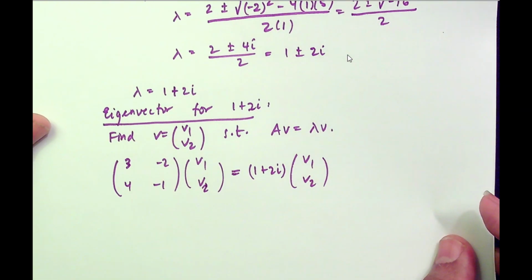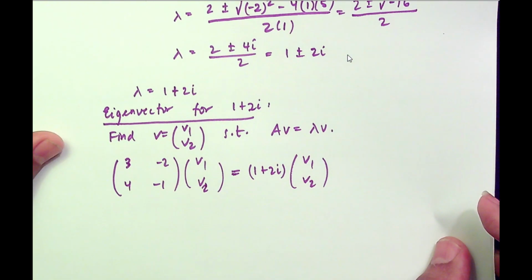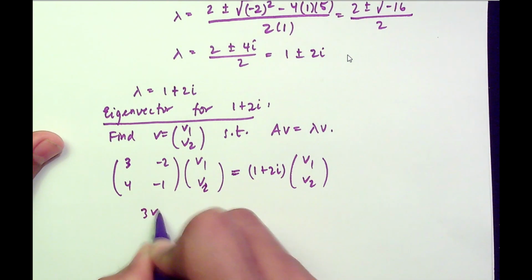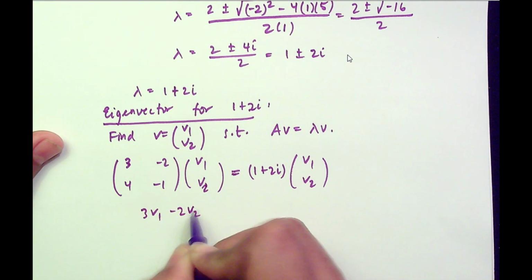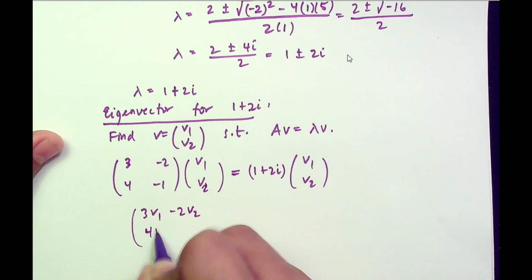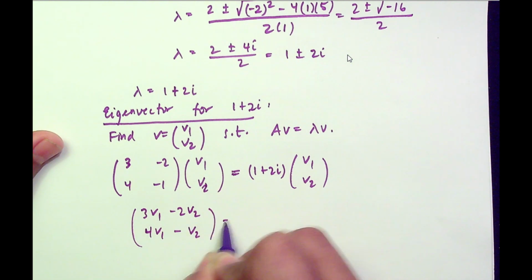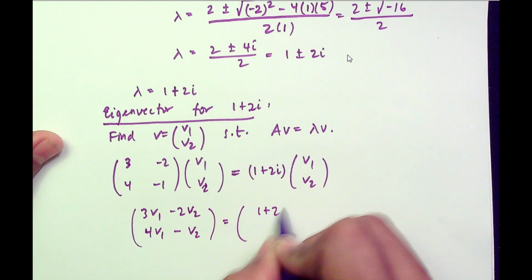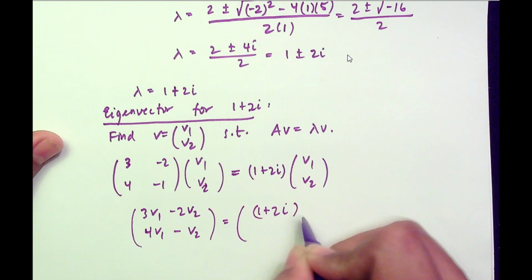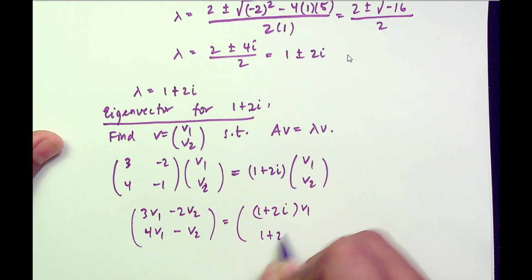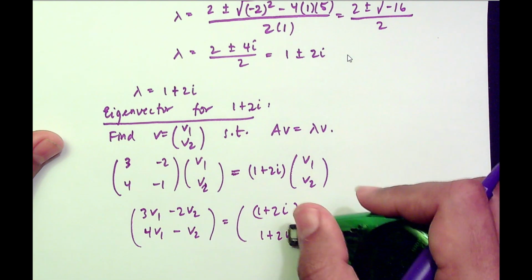Okay, now we're going to multiply, so this would be (3v1 minus 2v2, 4v1 minus v2) equals ((1 plus 2i) v1, (1 plus 2i) v2).